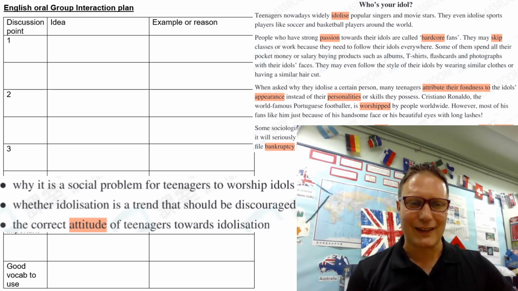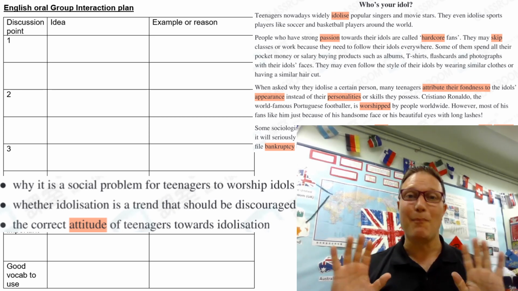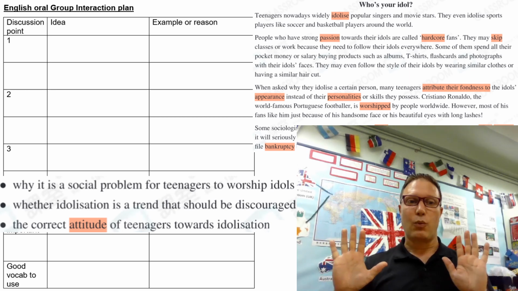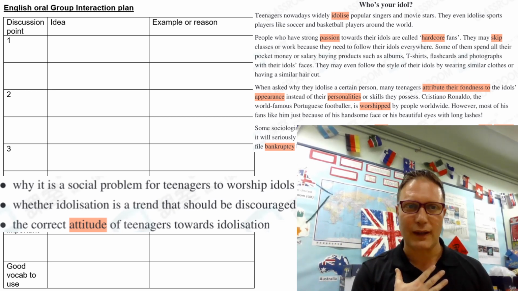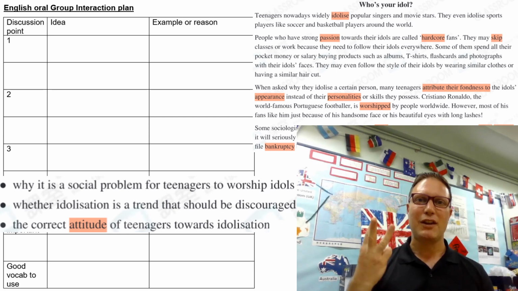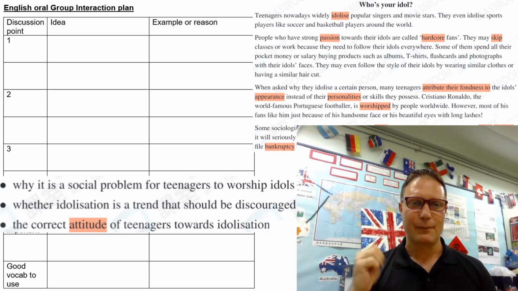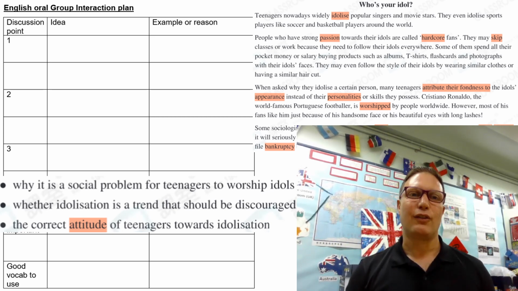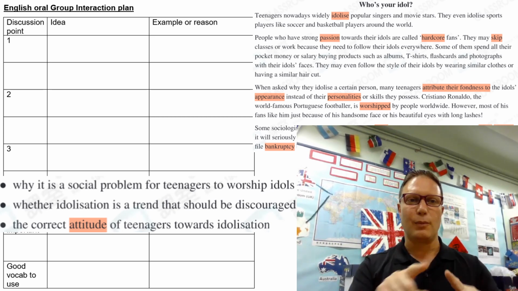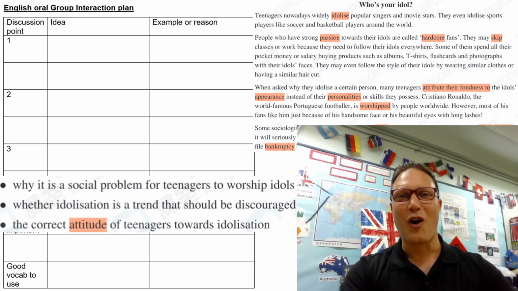So I think when you're preparing, 10 minutes is such a long time. If I was a student, I would come up with 3 or 4 ideas. But 2 ideas is better than nothing, so just come up with 2. That's why I put 2 ideas on this form.